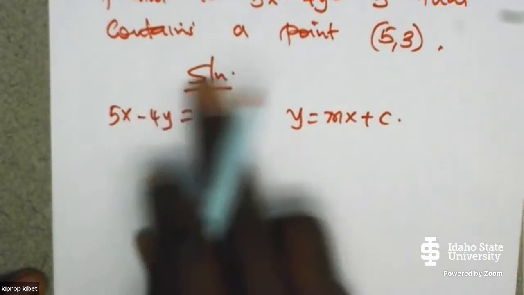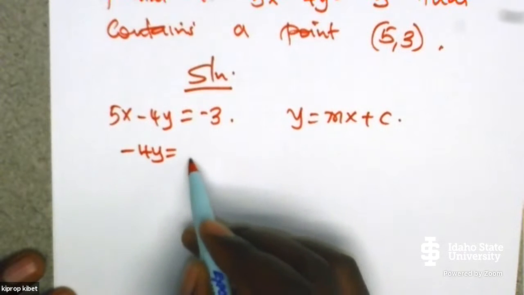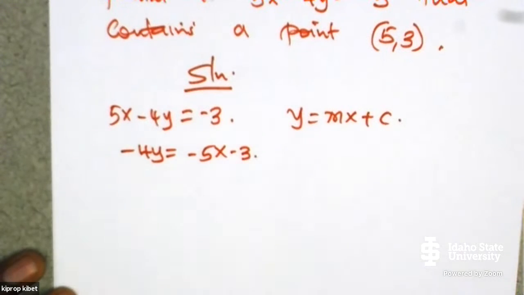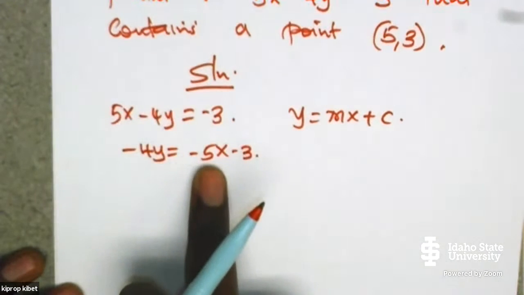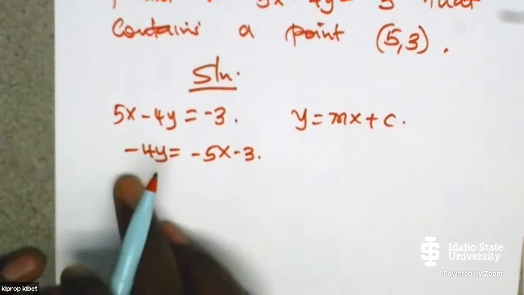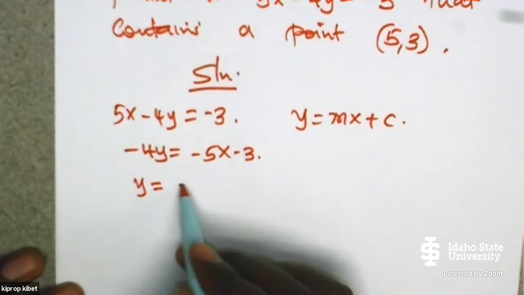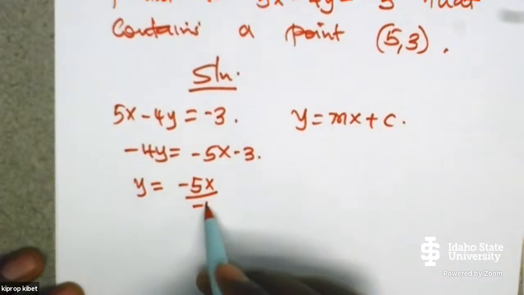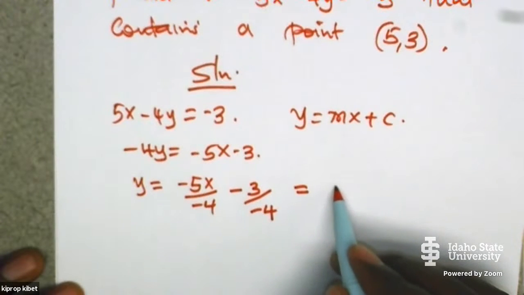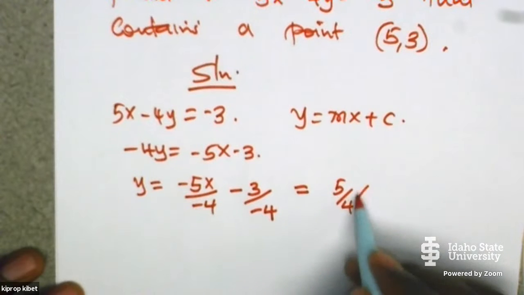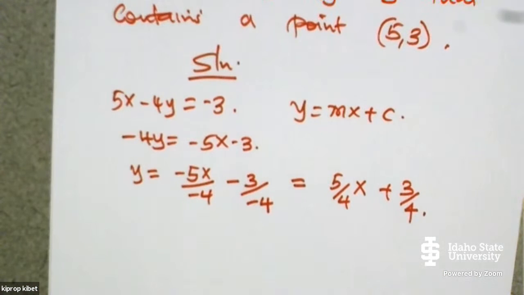So we take the x term to the other side: minus 4y equals minus 5x minus 3. Then you divide by negative 4. So y equals negative 5x all over negative 4 minus 3 all over negative 4. And finally, this is 5 over 4 x plus 3 over 4. So that is our equation.